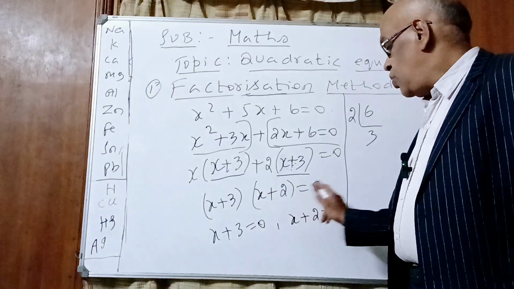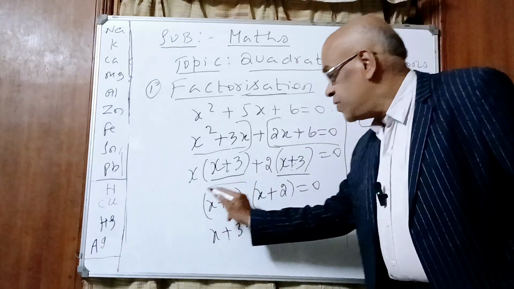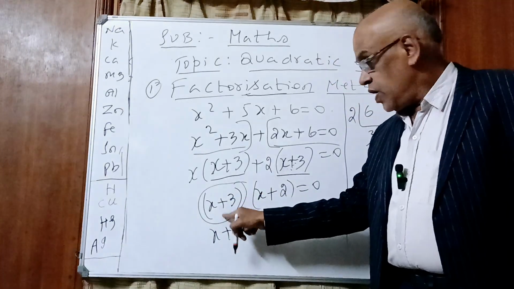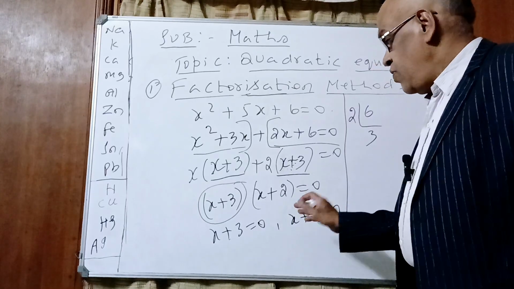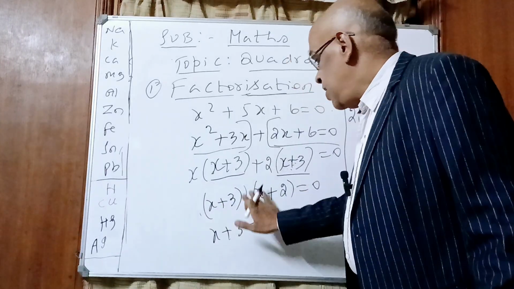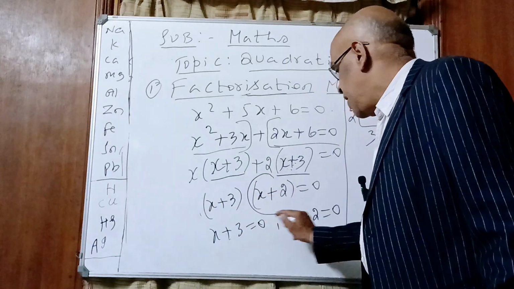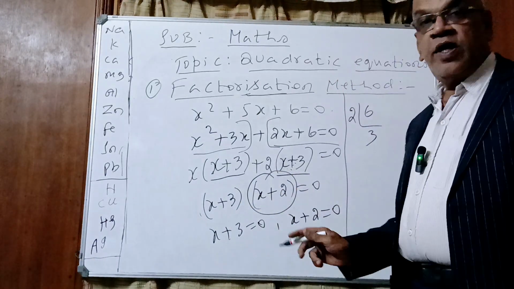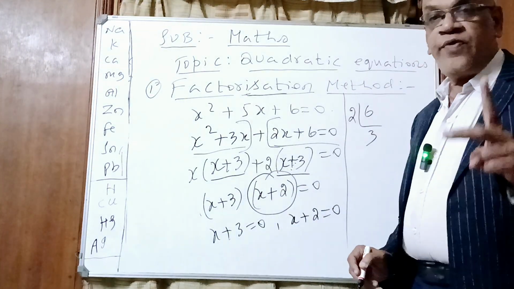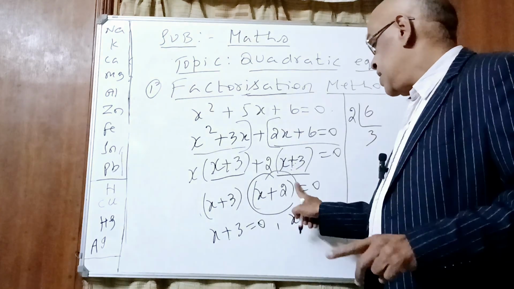0 into 0 is 0. If in place of x plus 3 I write 0, 0 into x plus 2, 0 into anything is 0. Now if in place of x plus 2 I write 0, x plus 3 into 0 is 0. If in two numbers one number is 0, the answer is 0.